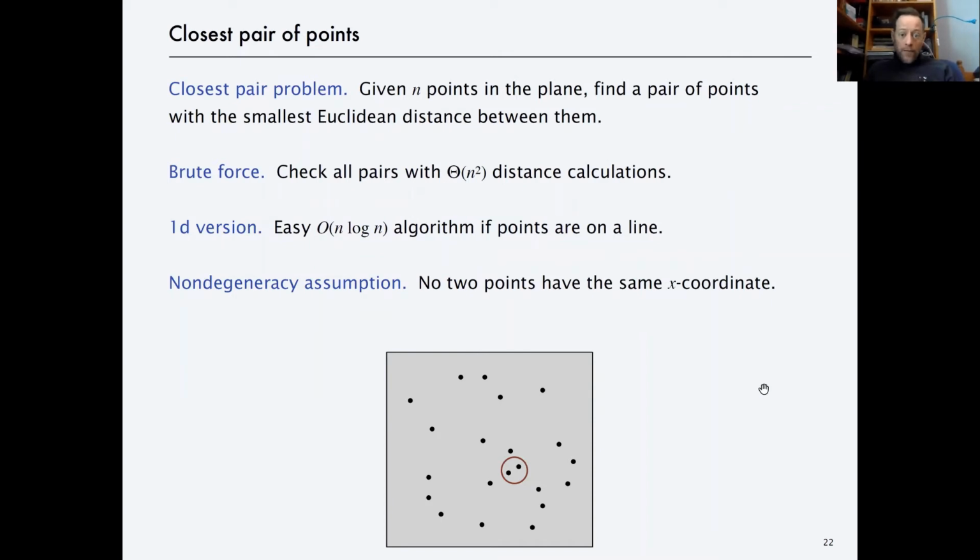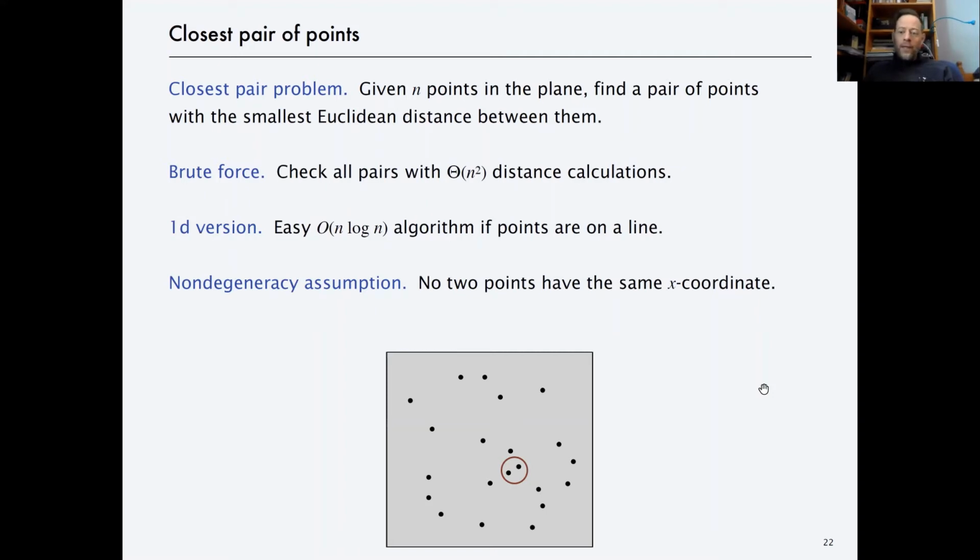So of course we can find a brute force solution: for each point, compare it to every other point, and among those, find the smallest pair. But of course this is very expensive, it's n squared.